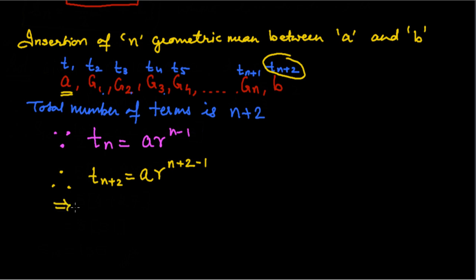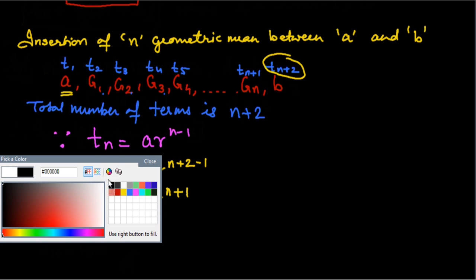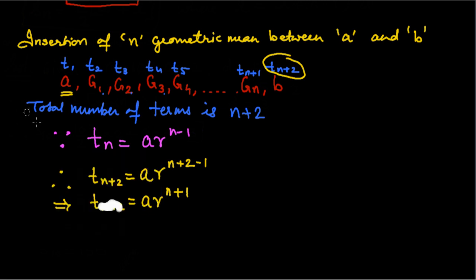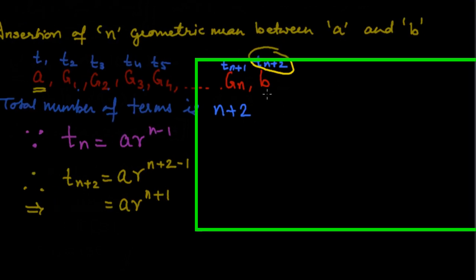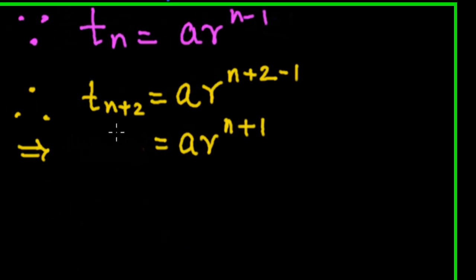So we will get T(n+2) is equal to a r power n plus 1. We know the value of T(n+2) is b, so we will put b here.